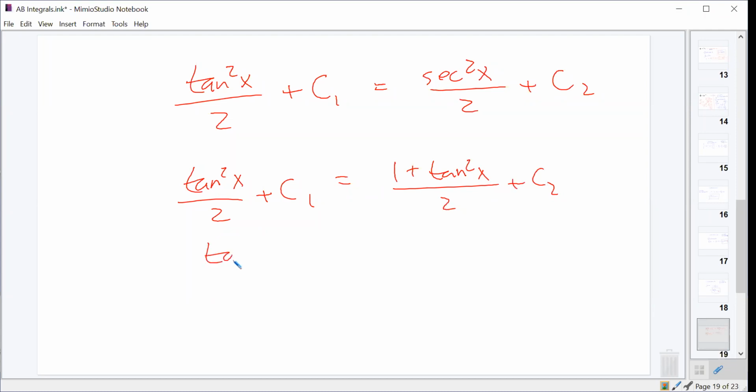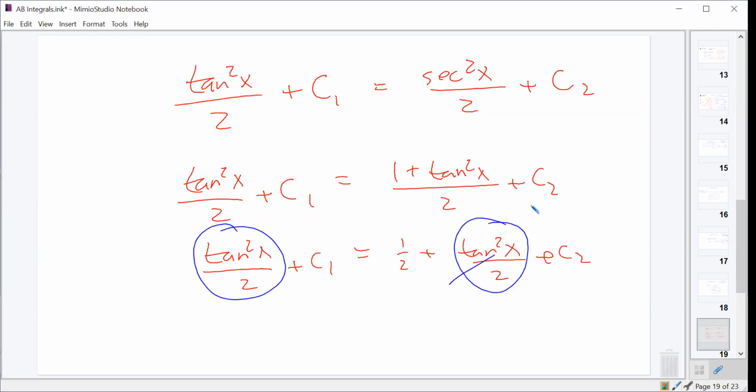And so we should already almost immediately see that this can become 1/2 plus tangent squared x over 2 plus our second constant. And the tangent squared x over 2 terms, which are the same, we can get rid of, right?